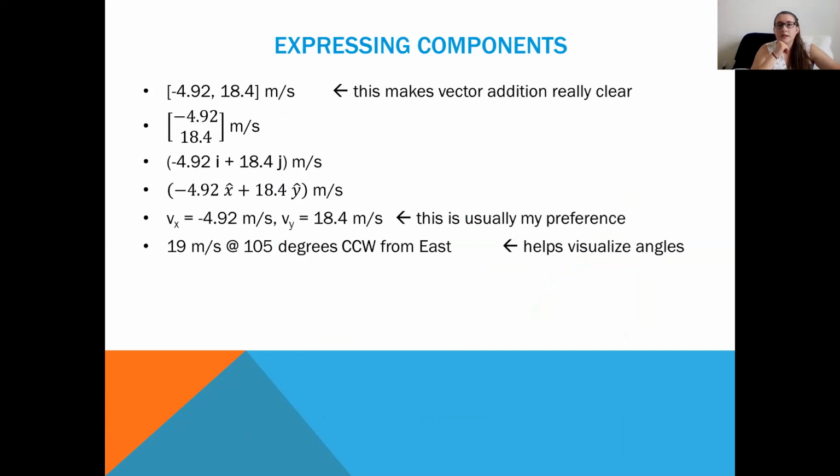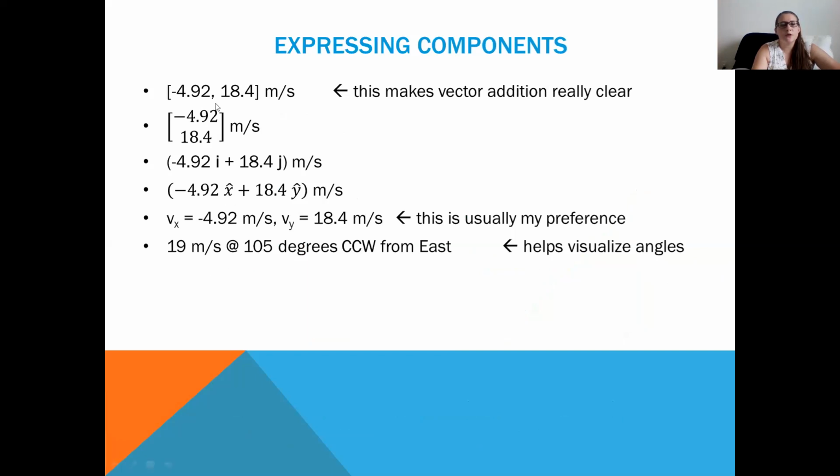When we're expressing the components, there are a variety of different ways that we can do that. And I have a bunch of them here on the slide. This isn't all of the ways that you might see, but it is, I would say, the most common ones.